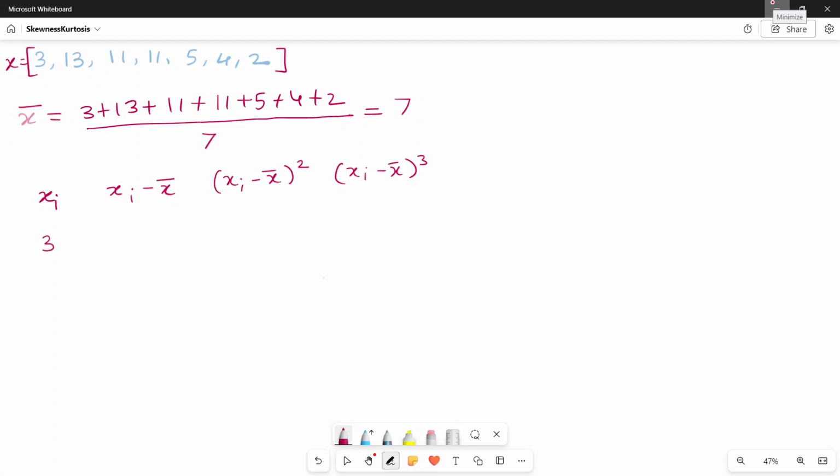First data point is 3. 3 minus 7 is minus 4. Square is 16. Cube is minus 64.